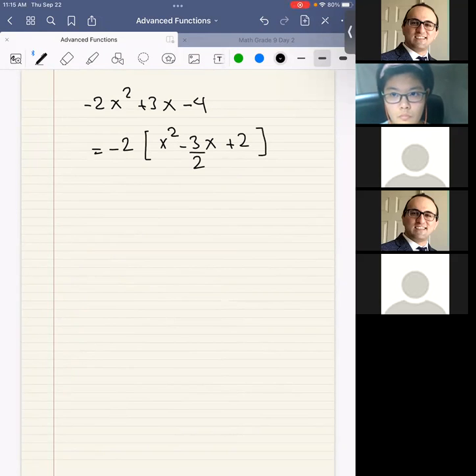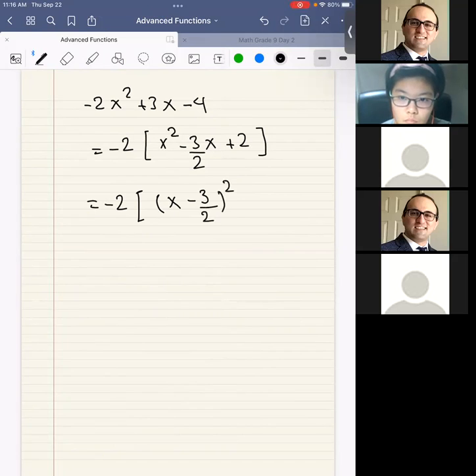Now, if you take another step, x squared minus 3/2 x plus 2, you can write it as x minus 3 over 4 squared, sorry, 3 over 4, not 3/2.